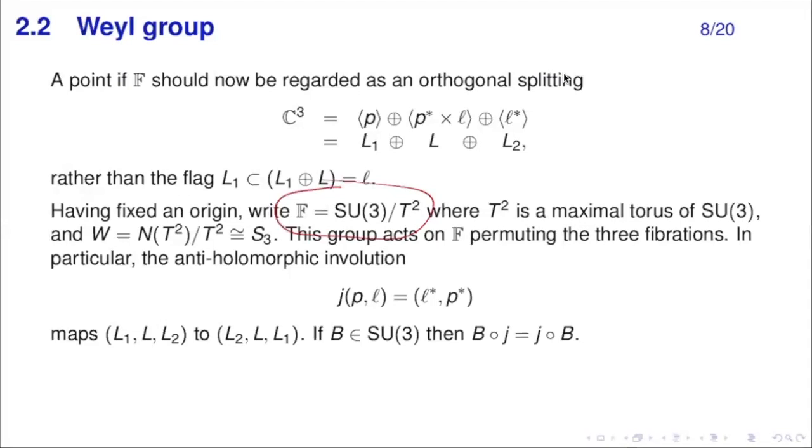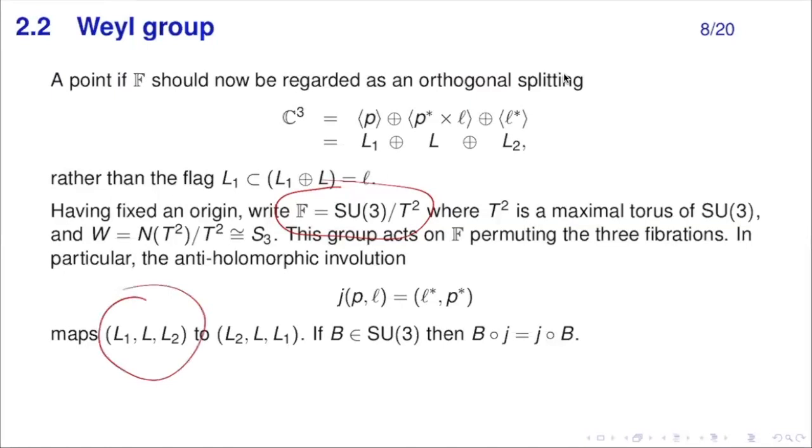And the Weil group, the normalizer of that maximal torus divided by the torus, is just the group of permutations, S3. And that group will act on the flag manifold by just permuting it. In particular, if we think of a flag now as three lines, it will just permute those 3 lines.